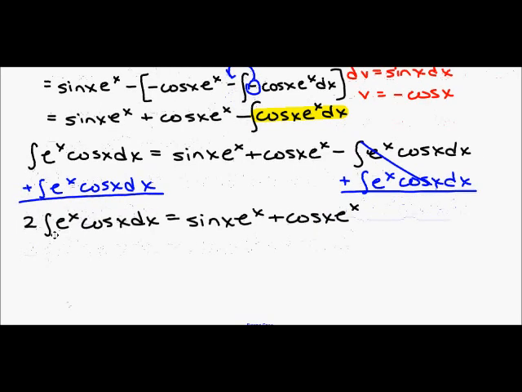Okay, so this is what we have right now. 2 times that integral that we started with equals sine x e to the x plus cosine x e to the x. And if I divide by 2, something magical happens.